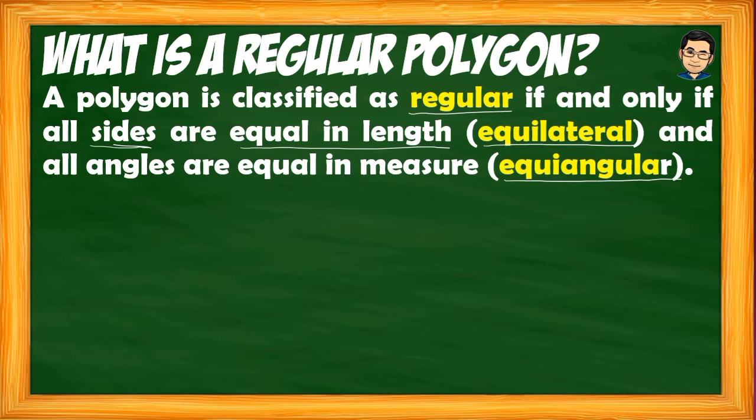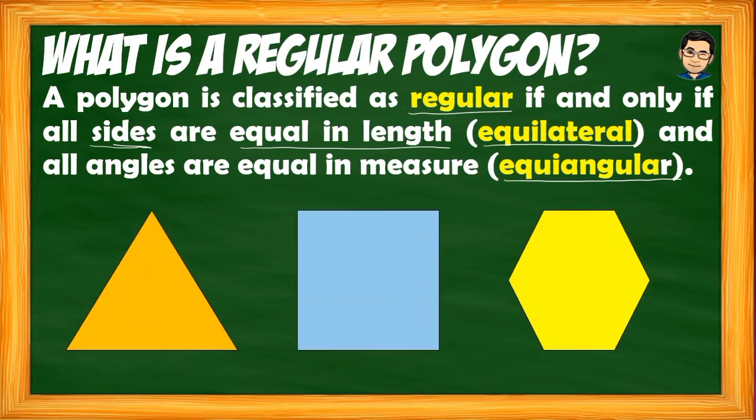So, let us have examples of regular polygon. The first figure, this is a triangle. Why is this triangle classified as regular? Explain natin. Kung magkakaroon ng markings dito sa mga sides niya, like for example, nakita po natin yung tatlong markings na yan sa sides niya, considered po yun as equilateral.